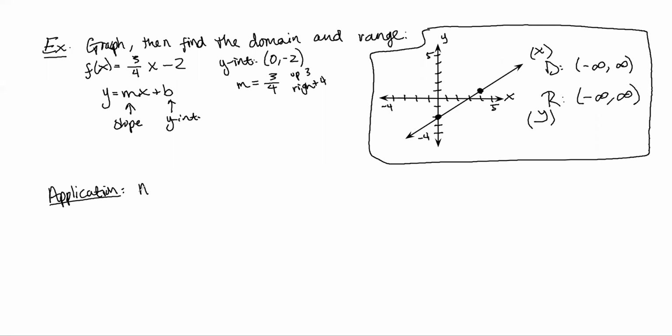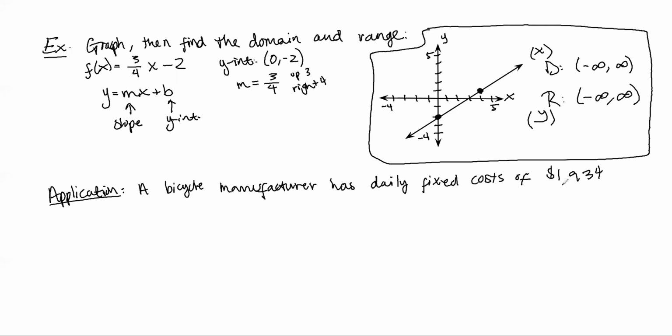So for this application, we're told that a bicycle manufacturer has daily fixed costs of $1,934, and each bicycle costs $76 to manufacture.